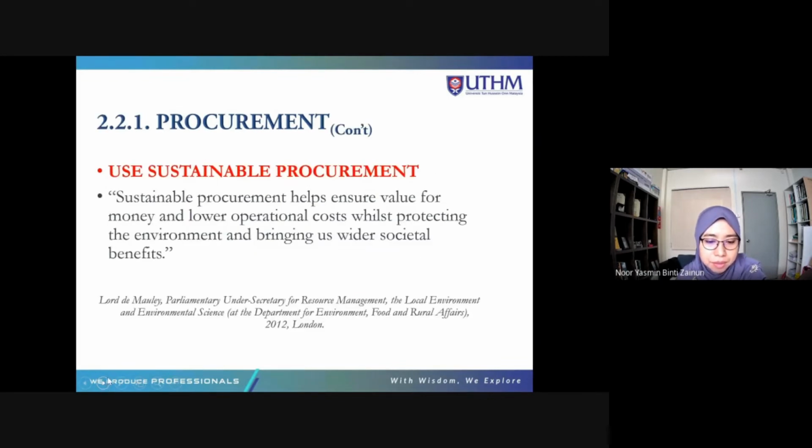Okay. So first, use sustainable procurement. This helps to ensure value for money and lower operational costs, while at the same time protecting the environment and bringing wider societal impact.